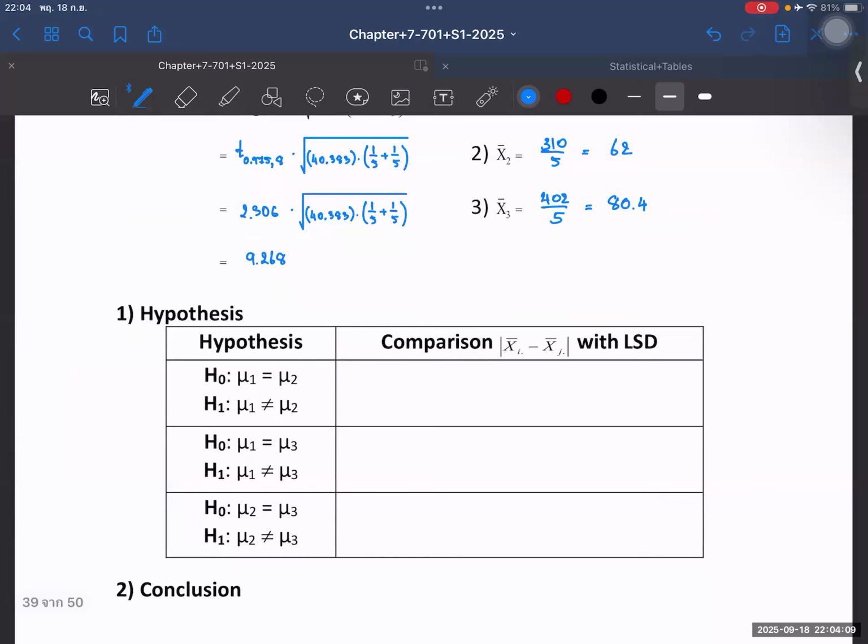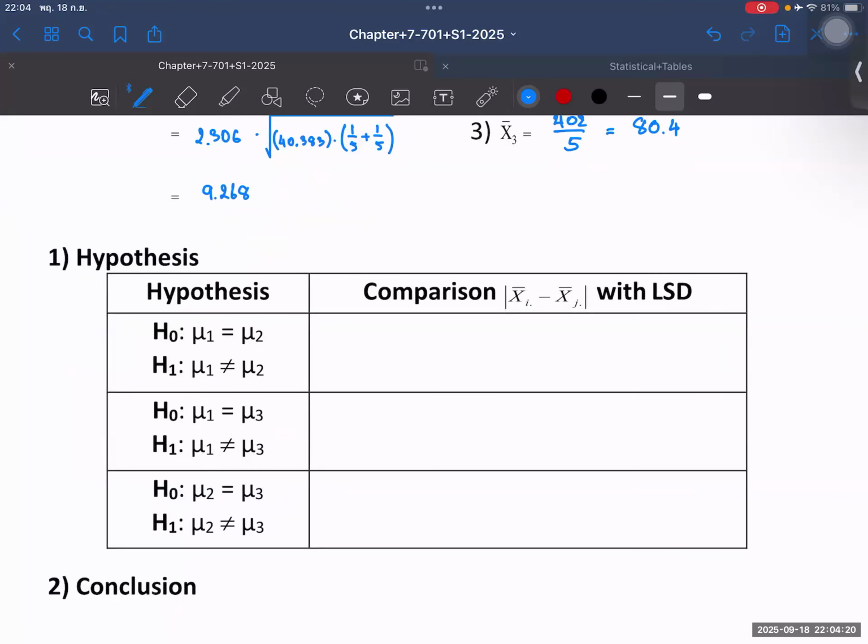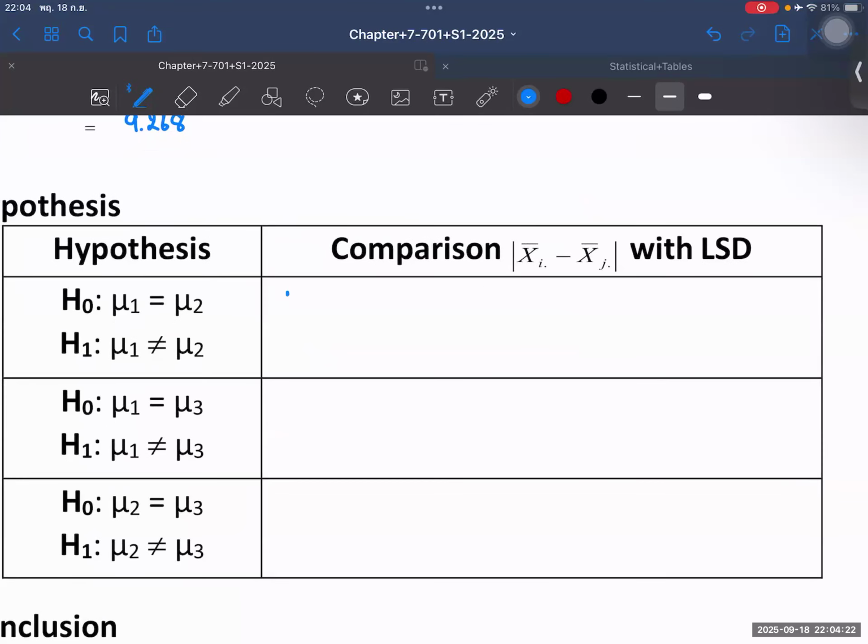We can calculate by this difference of the mean. So I calculate the absolute of x bar 1 minus x bar 2.